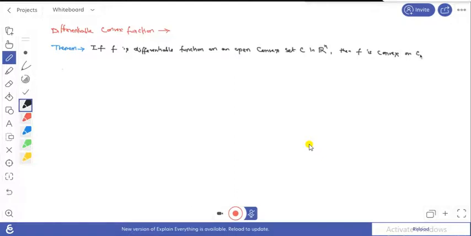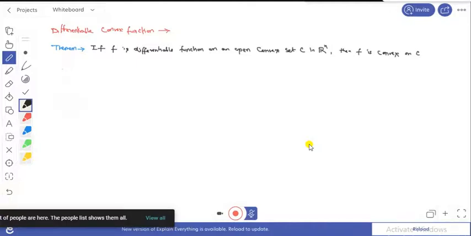If this function satisfies a certain condition, and that condition is an if and only if condition.